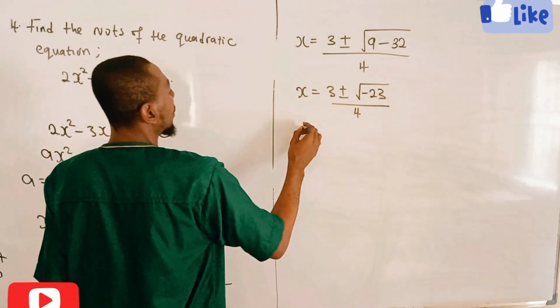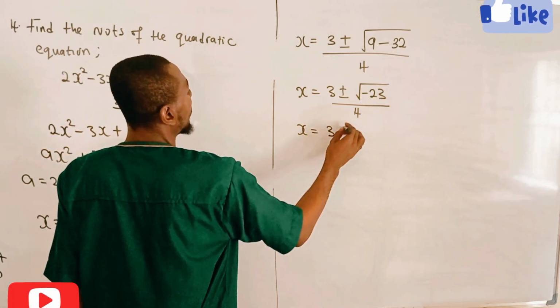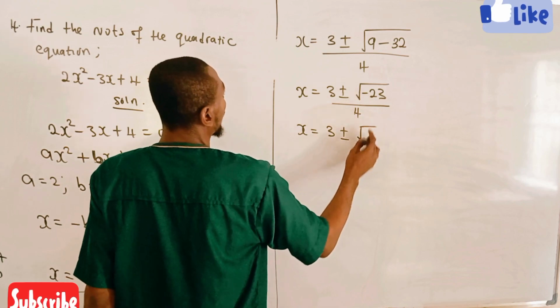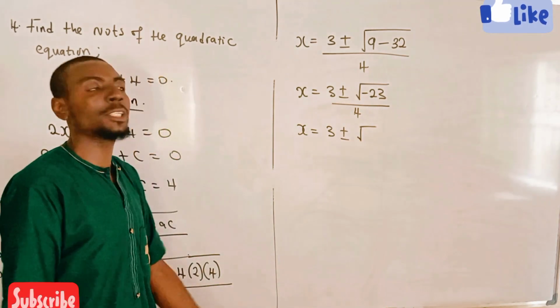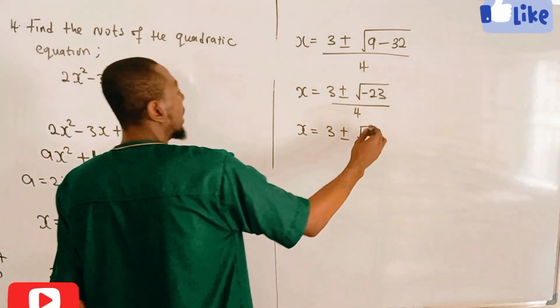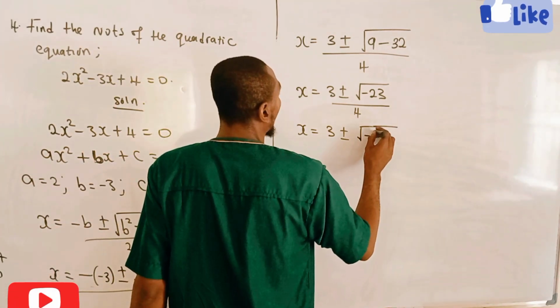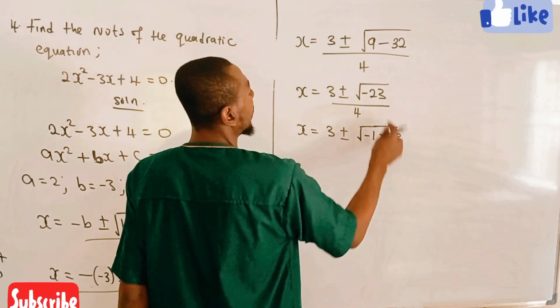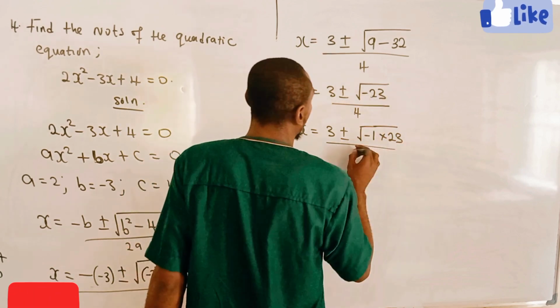Okay? So that's x equal to 3 plus or minus the square root of, of course, that's a complex number here. This is the same thing as saying the square root of minus 1 multiplied by 23. Minus 1 times 23 is the same thing as minus 23.